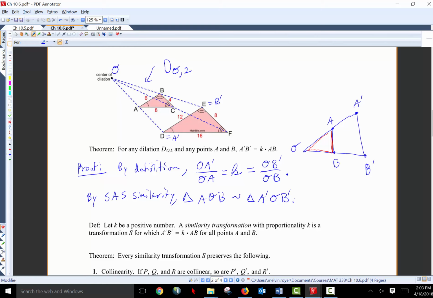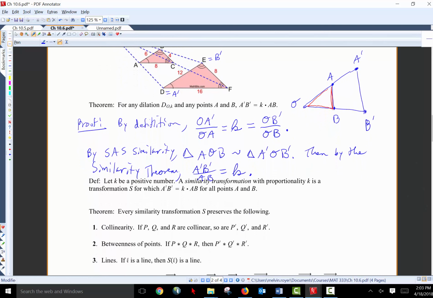But if two triangles are similar, then all three pairs of sides have the same ratio. So then by the, let's see, we called it the main similarity theorem, the third pair of sides, A prime B prime is to AB, also needs to be the same constant as the ratio of the other sides, K. And that does it.